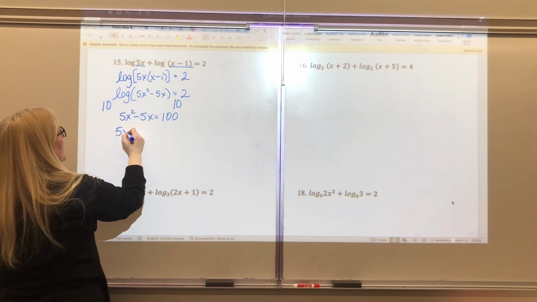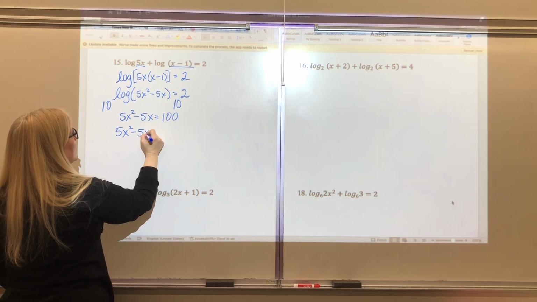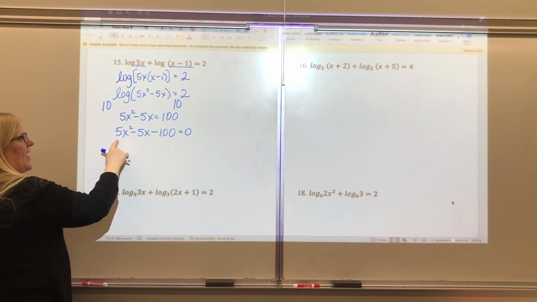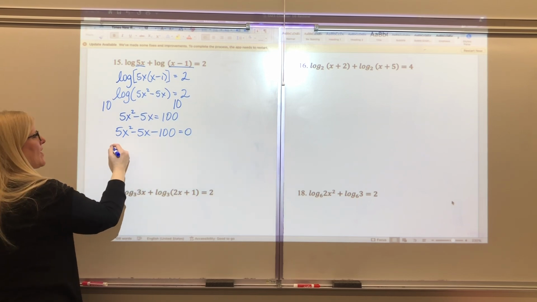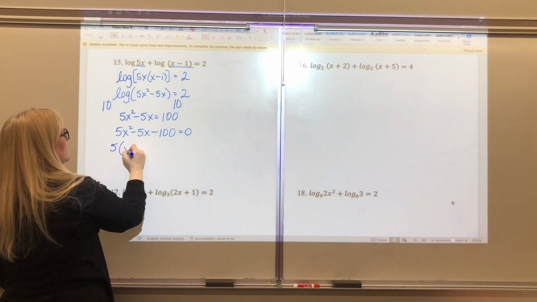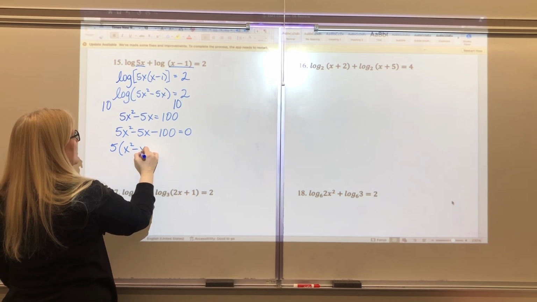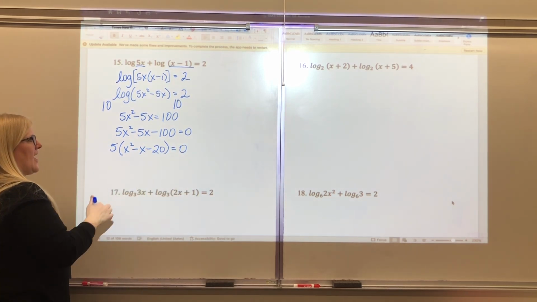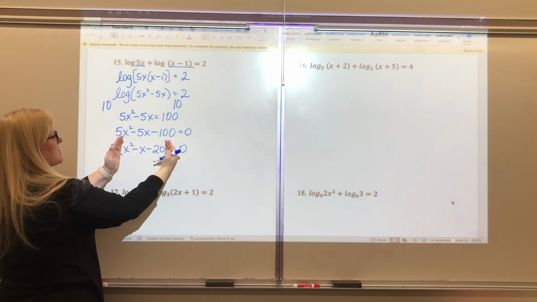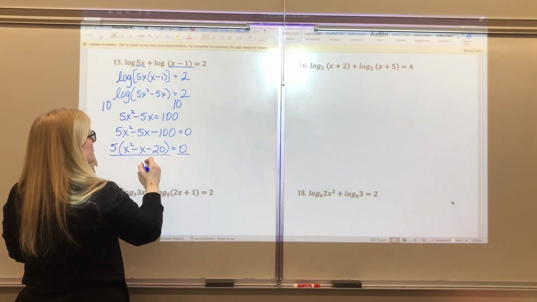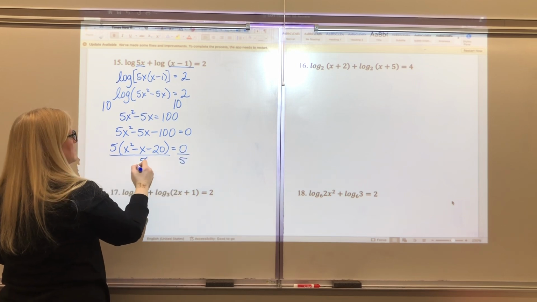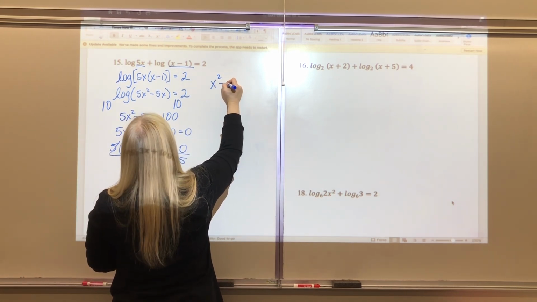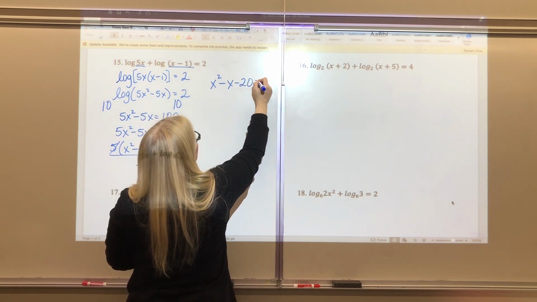Okay, this is a quadratic, so I need to move everything over to one side, have it equal to 0. Now, hopefully you notice that you can factor out a 5. I'm left with 5 times x squared minus x minus 20 equals 0. Okay, and now I have 5 times this, so I can divide both sides by 5. And I get x squared minus x minus 20 equals 0.